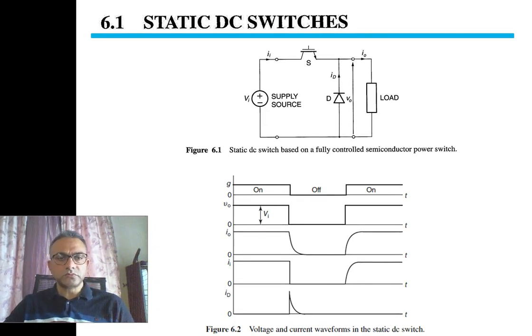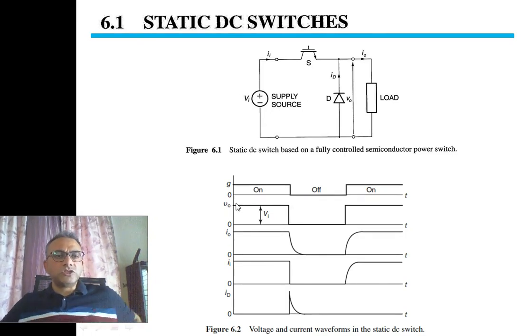When we apply high voltage between gate and source, the switch turns on. When we apply 0 volt across the gate and source, the switch turns off. As the switch turns on from 0 to this time, the switch provides a short circuit between the input voltage and the output voltage.